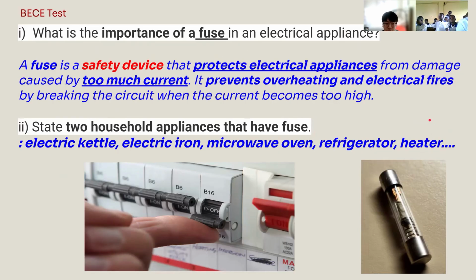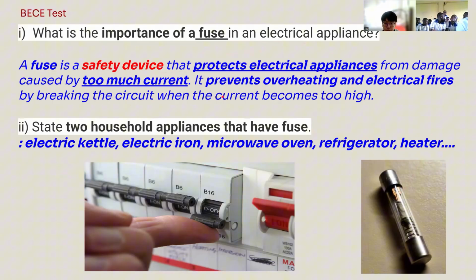And lastly, let's talk about the fuse. So you might be wondering what a fuse is. Basically, a fuse is a safety device that protects electrical appliances from damage caused by too much current. That is what a fuse is.